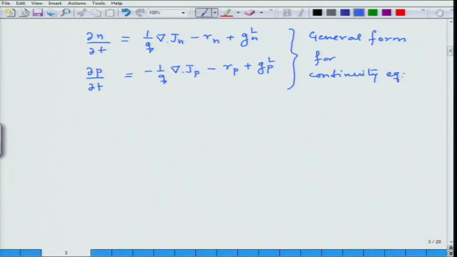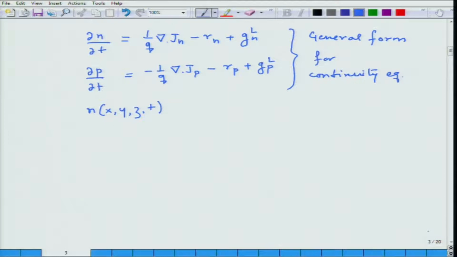Now, this is the starting point for analyzing the devices. If I need to know the behavior in a device, I would need to solve these equations and figure out what is the change in the concentration of carriers as a function of where it is and as a function of time.